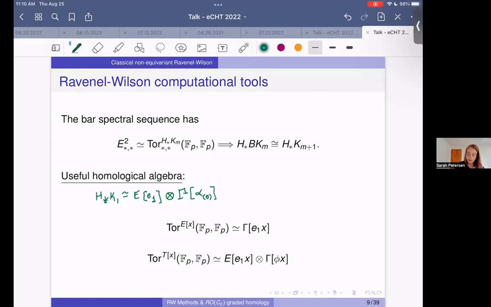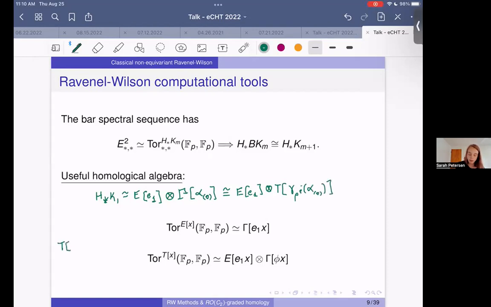And since we are in characteristic p, this is equivalent to being exterior on E1, tensor a truncated polynomial algebra on generators gamma p to the i of alpha(0).